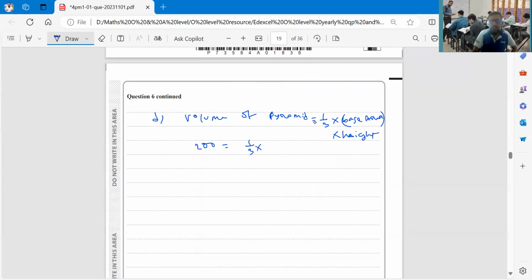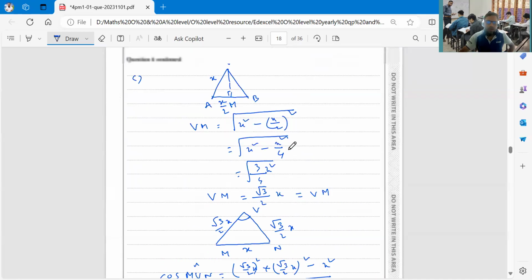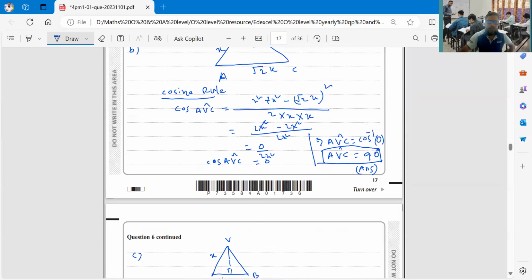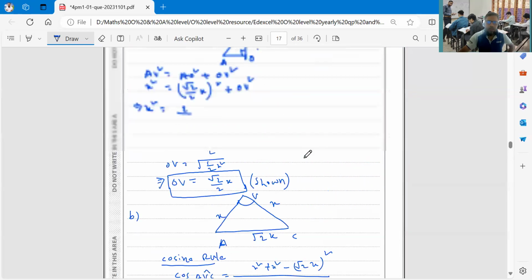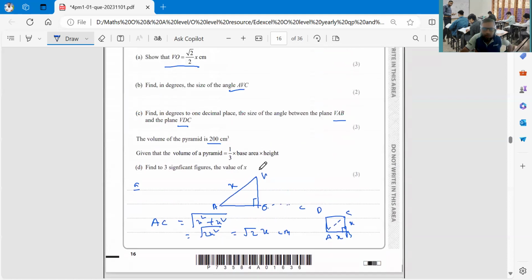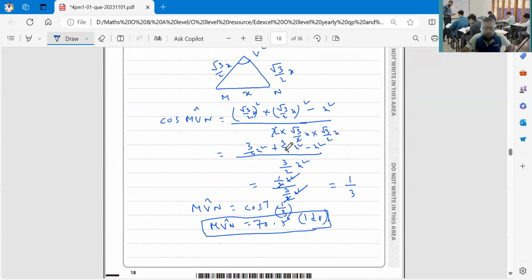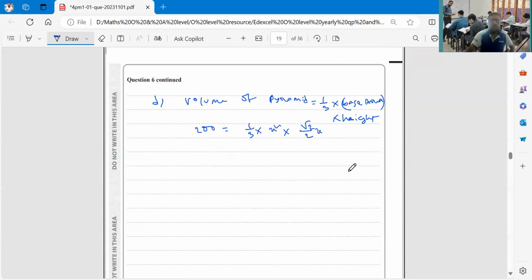So 1 by 3 into base area, that is x square, multiply height is root 2 by 2x. I can check it out, is it correct or wrong? Height equals to root 2 by 2x. So correct. Okay, and now we need to find the value of x.